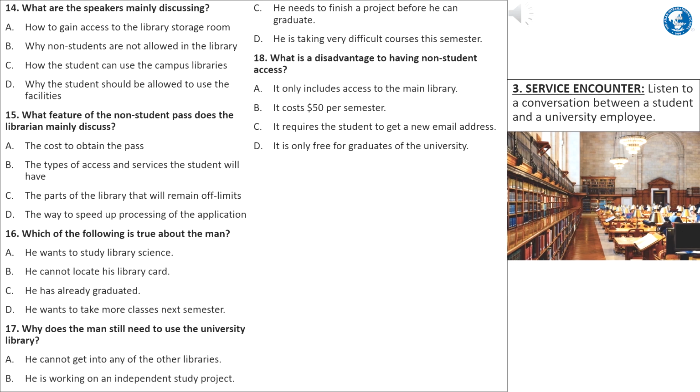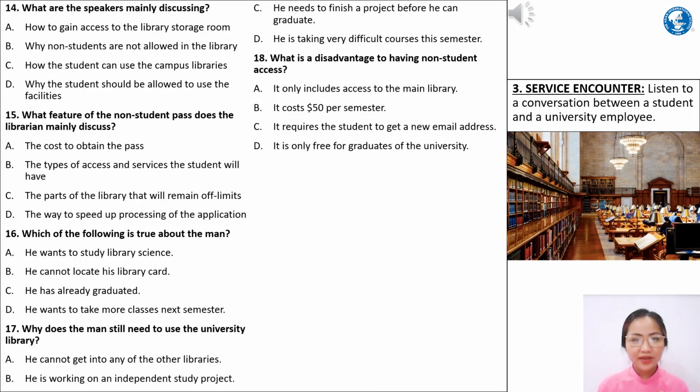Which of the following is true about the man? 17. Why does the man still need to use the university library? 18. What is a disadvantage to having non-student access?